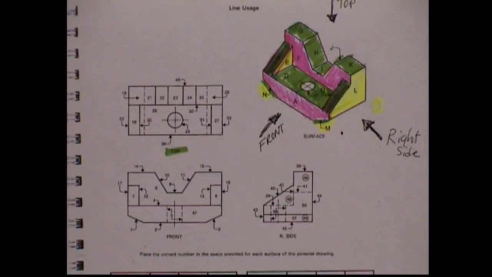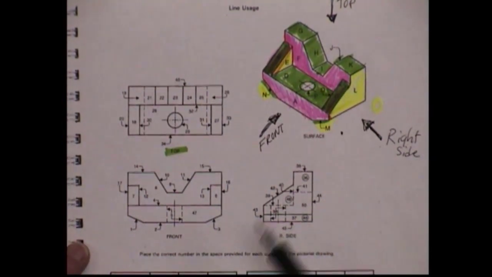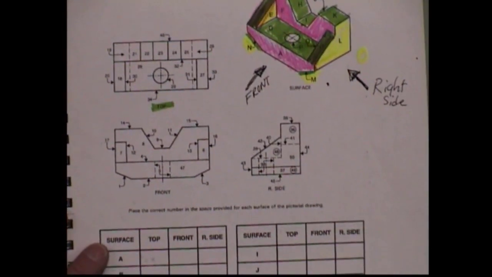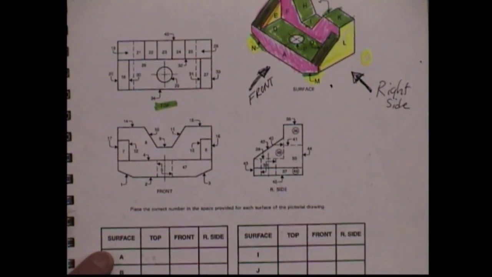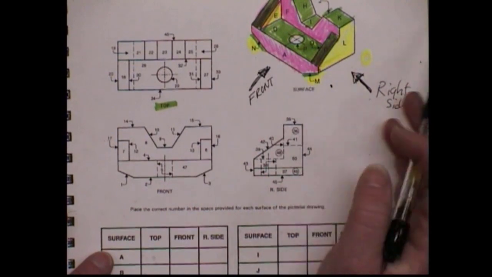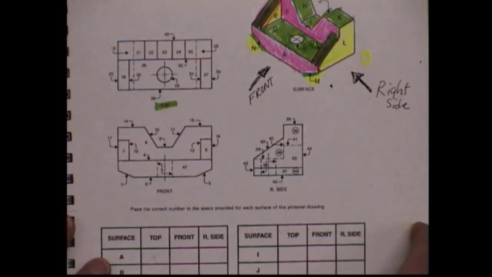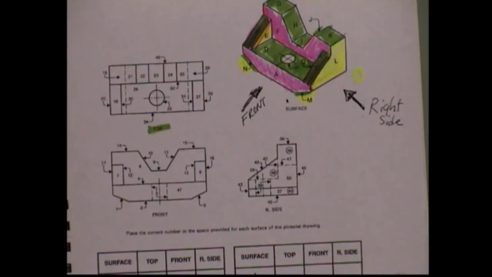So when we're completing the sheet, let's just start with A here, because the A is the first one on our sheet. If we're looking at A in the top view, is it going to be a surface or an edge in the top view? Remember, we're looking down on it from the top view.